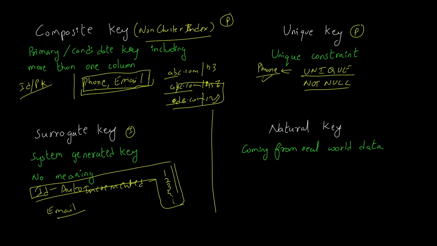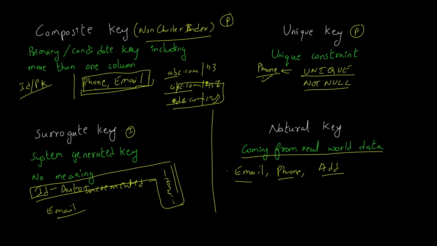Natural keys are any data that is coming from a real world object. For example, we have email, we have phone number, we have address. All of these things are coming from real world data in our database. It's not like we are generating it in our database. It's not like we are putting it out of our own mind.